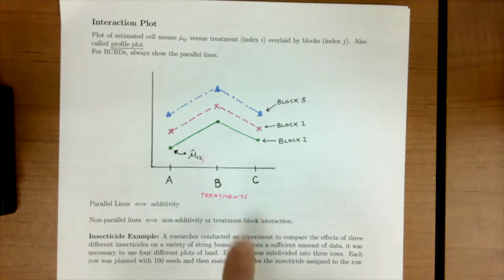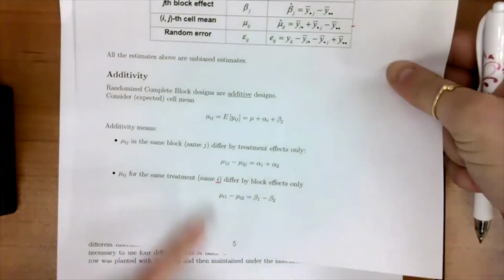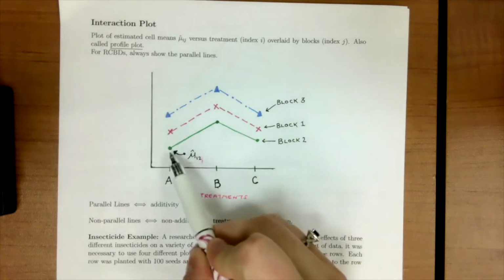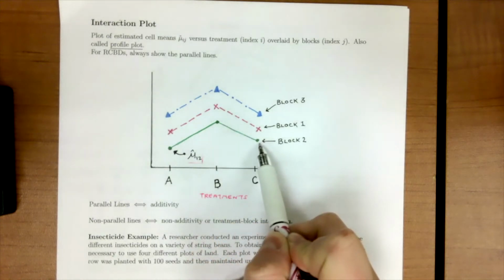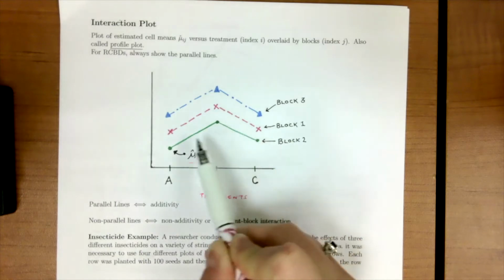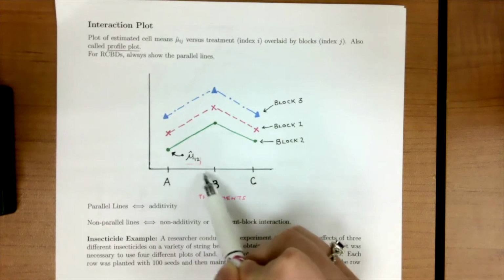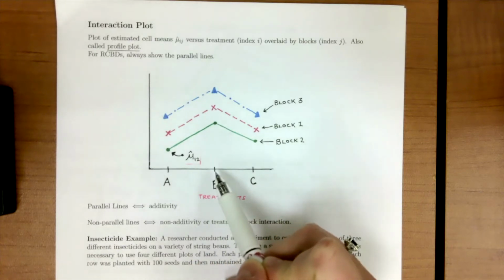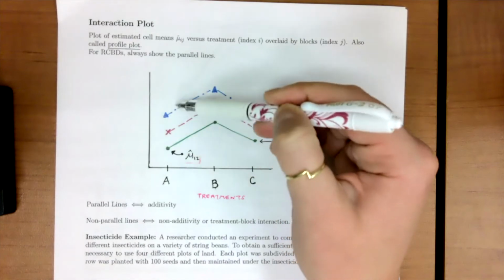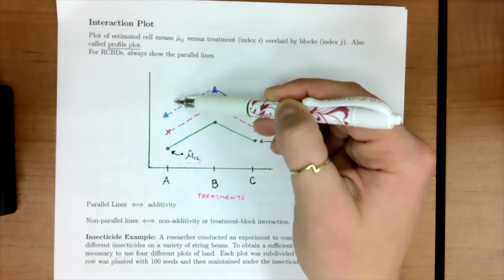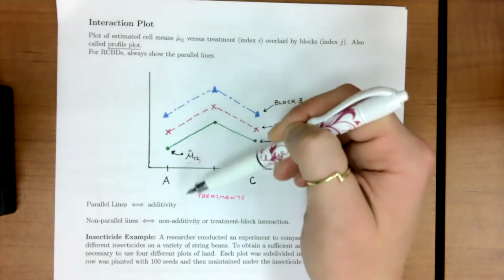And so how this picture relates to what we were just talking about is that if we look within the same block, let's say block 2, this green line, across treatments, this will differ by the treatment effect. So how much this differs is going to be the difference between these two treatments. Now, if we were looking at the same treatment, let's say these 3 in different blocks, then they're only going to differ by the block effect.